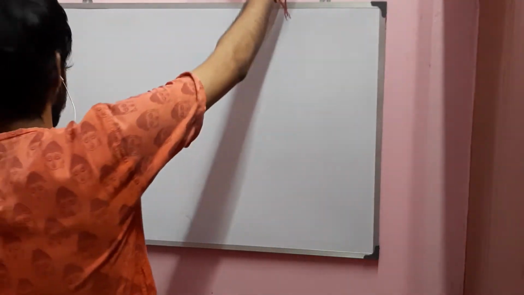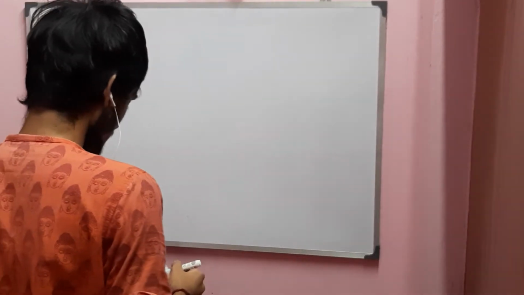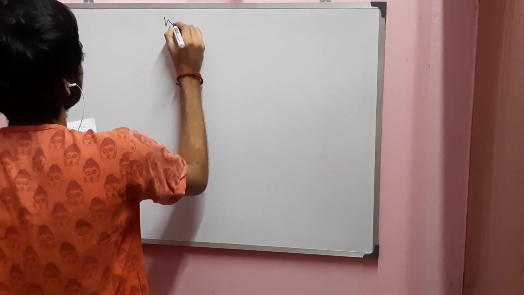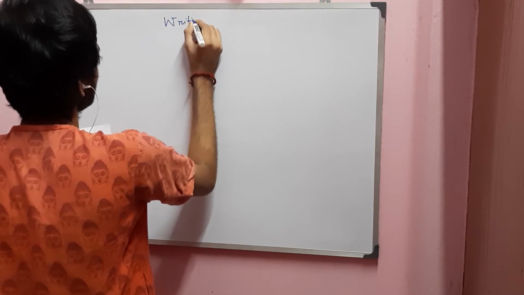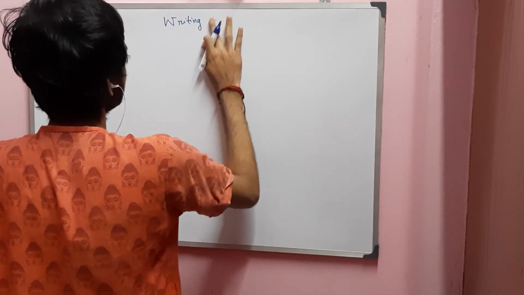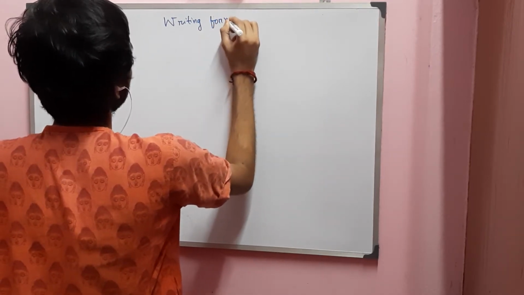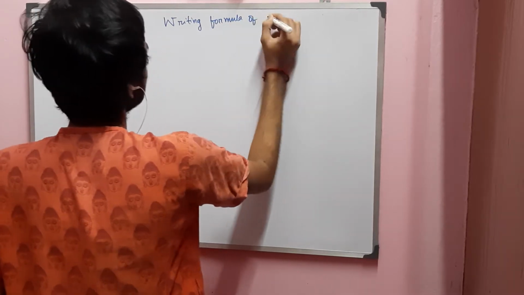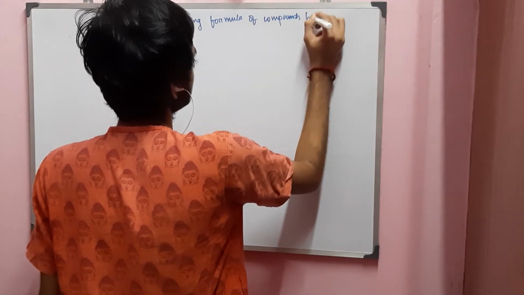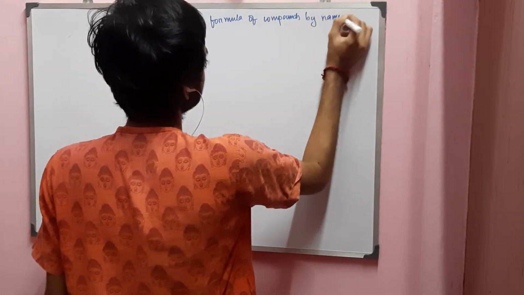Hello guys, so we will continue our next lecture from the previous one where we have left off. So we will be first covering the writing of formula of compounds by name.